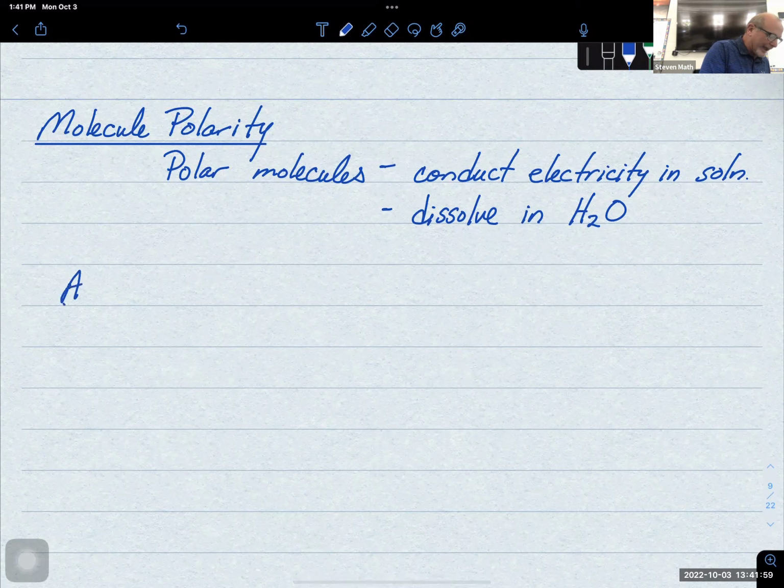So condition A is going to be the single bond.